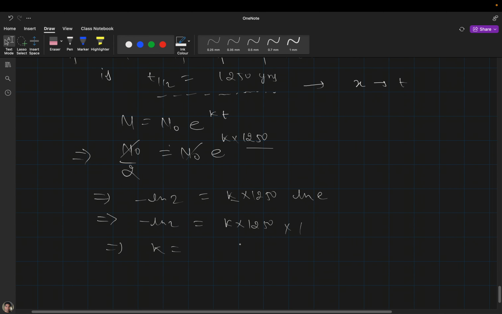I will use a calculator. So you will get k equal to minus ln 2 divided by 1250, which is minus 5.545 into 10 raised to the power minus 4. What is the unit of this k?